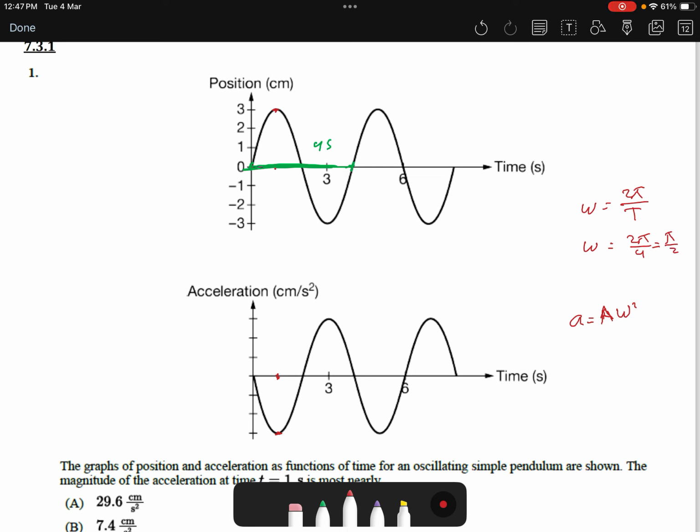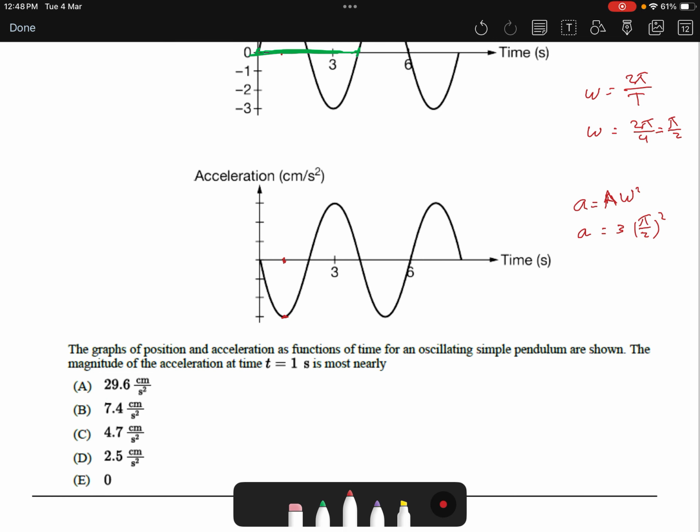Now let's substitute this. And yes, we can say that A, the maximum amplitude or the maximum displacement, is 3 centimeter. This is A. Now A is 3 centimeter multiplied by pi over 2 squared.